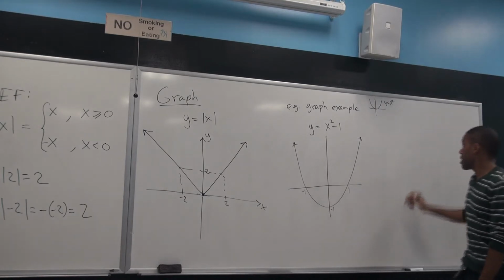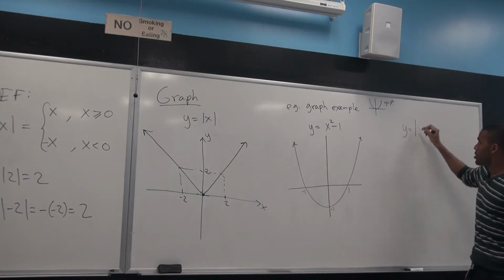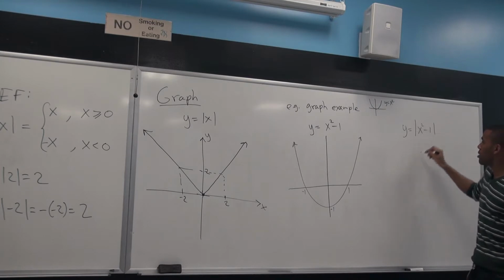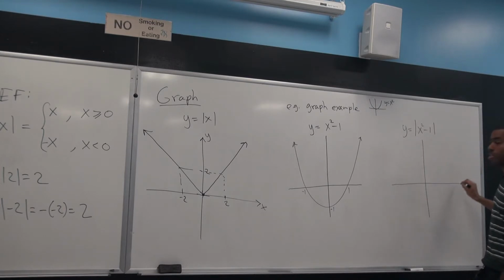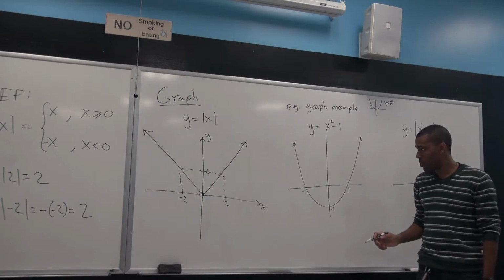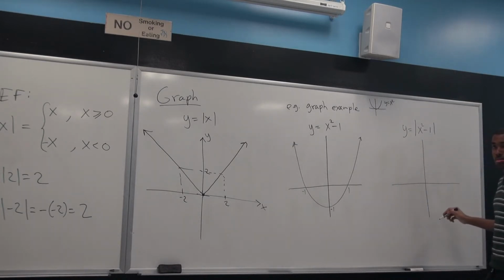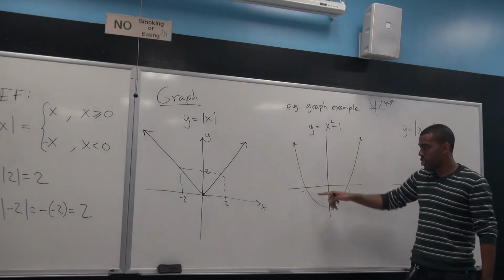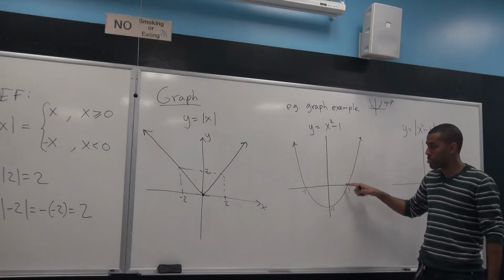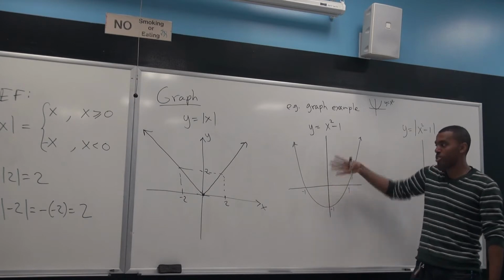What if I wanted to graph the absolute value of x squared minus 1? How do you think that would change? The bottom part, the part that's below the horizontal axis, all these points here are negative. What absolute value is going to do is take the negative of all those and flip it up.